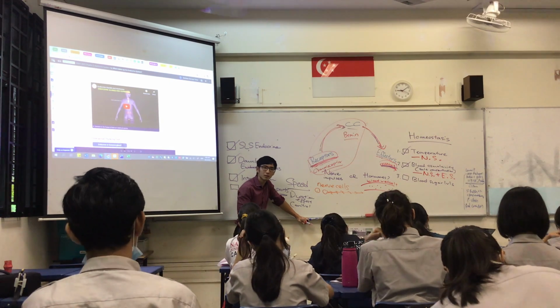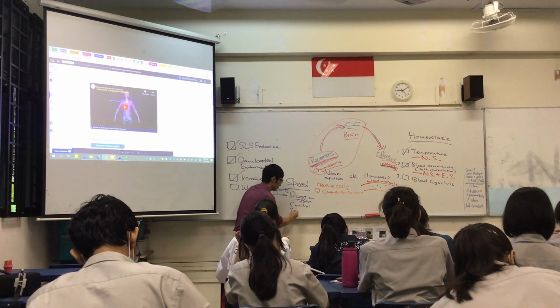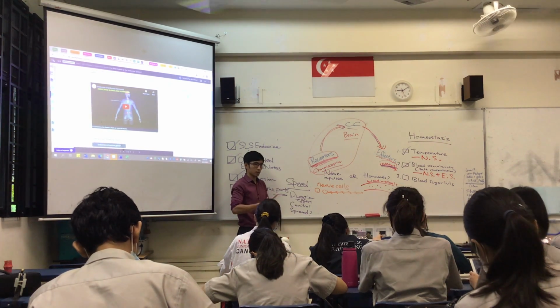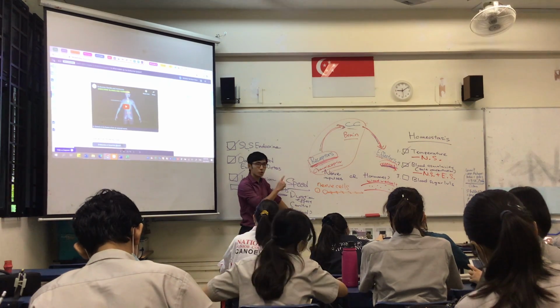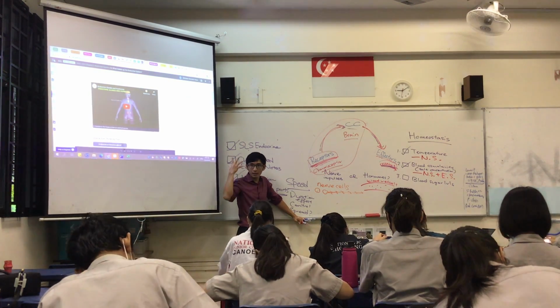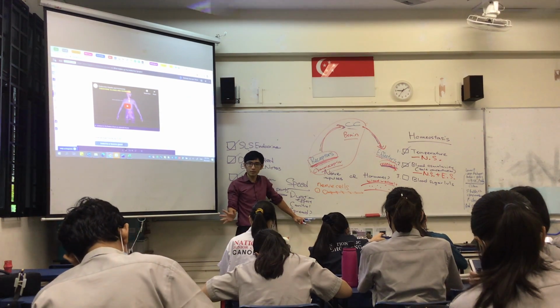Yeah? How widespread it is. Okay, perhaps how the spread. How widespread it is. You notice, hormones travel via the circulatory system. So it could technically impact wherever the circulatory system reaches out into, right?